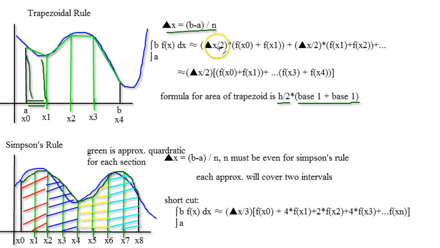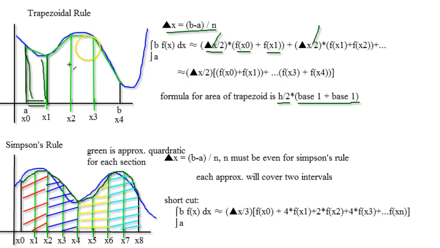So basically, it's going to be delta x divided by 2 times the function of x sub 0, which would be this length right here, plus this length right here, which would be the function of x sub 1, and then you add the other ones, and you just keep going. Each one of them is going to have a delta x divided by 2, so we could factor that out and work with it that way. So that's the trapezoidal rule.